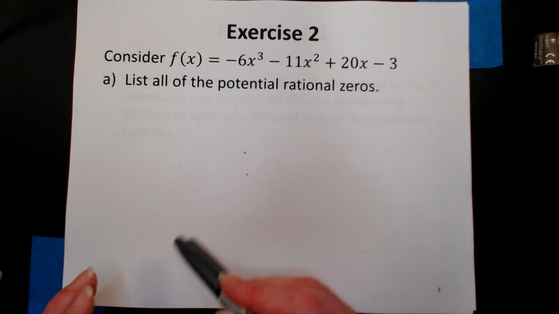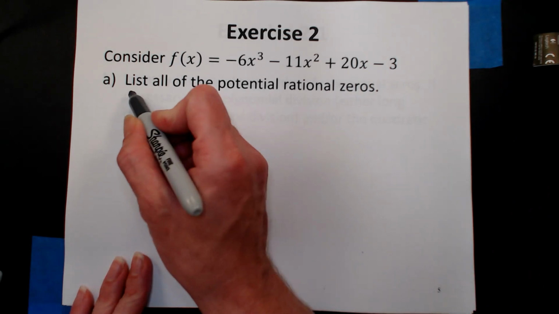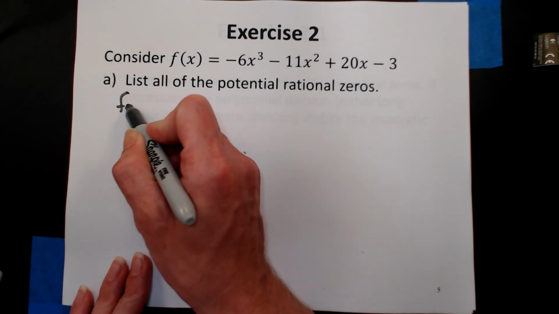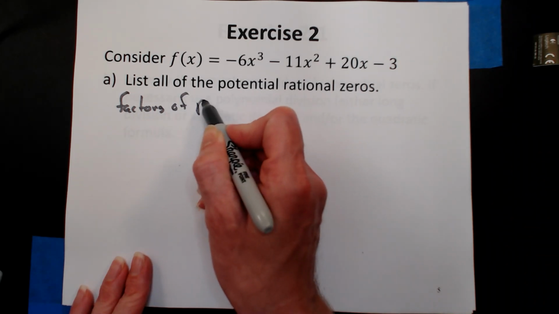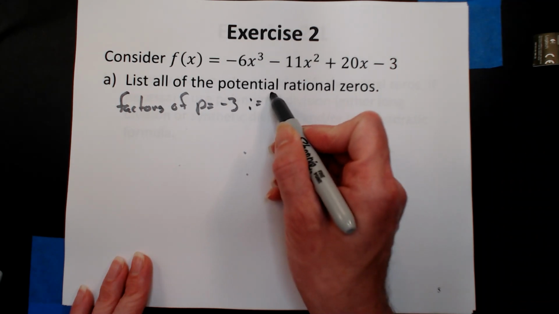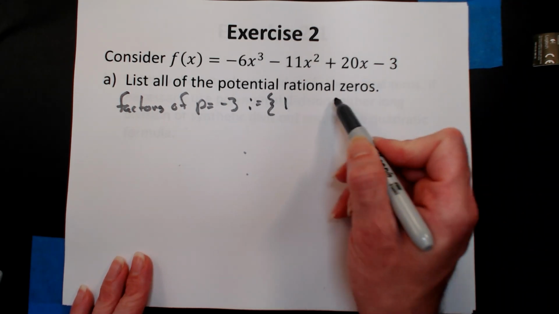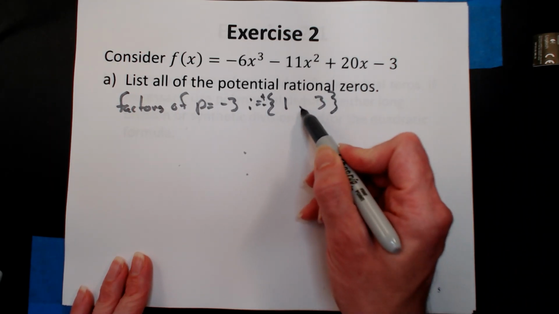So next we want to list all the potential zeros again. Once again, I like to do p over q, so I list the factors of p first. p is equal to -3 this time. So that's going to give you 1 and 3. Remember, it's plus or minus out front. So 1 and 3 are the only factors of p.